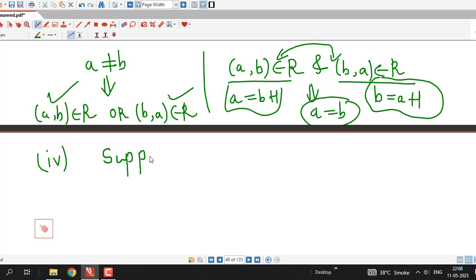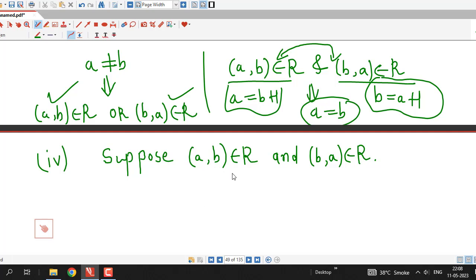We can prove that this is not possible at the same time. Suppose we assume that this is possible: suppose (A, B) belongs to R and (B, A) belongs to R. If this assumption is wrong, then we will have a contradiction at some step during the further procedure.